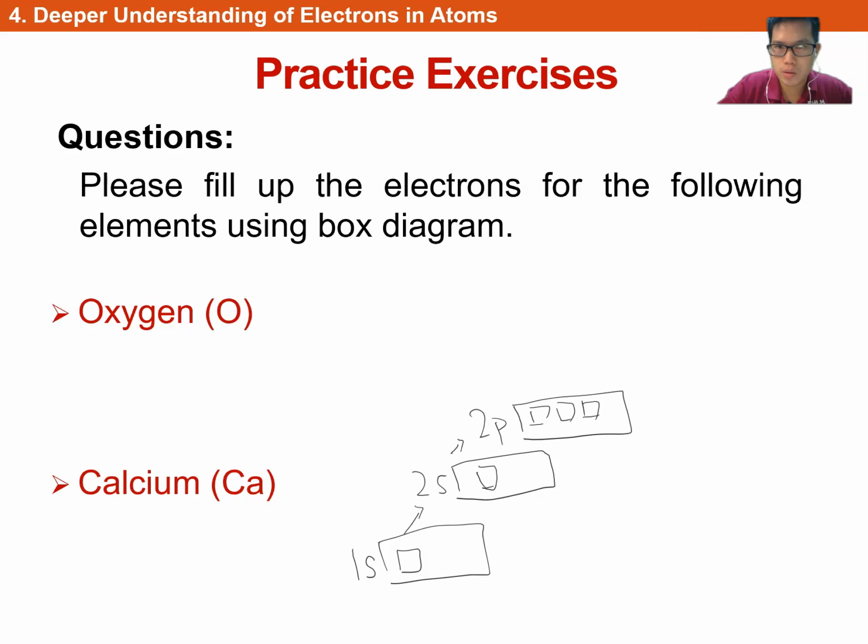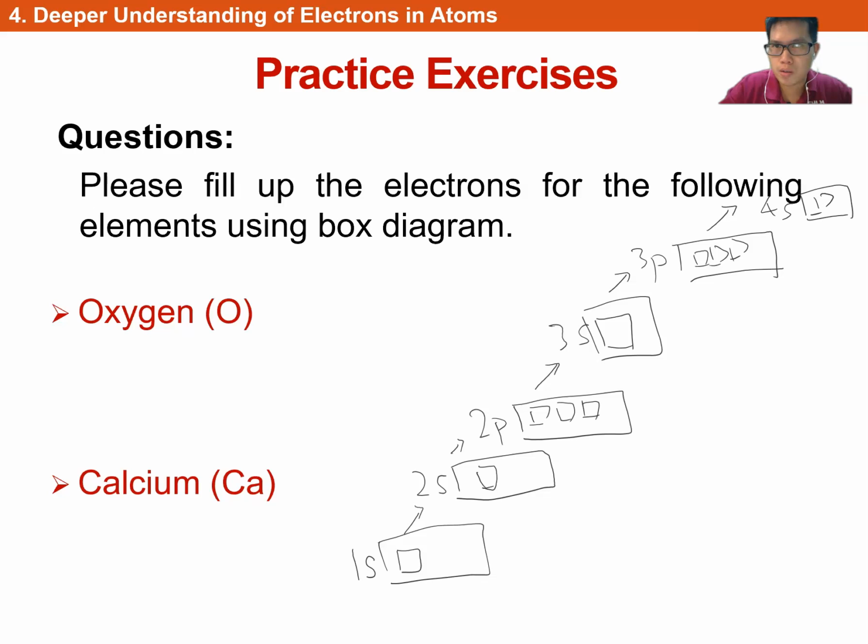Then we have 3s with 1 orbital, 3p with 3 orbitals. Very important, after that you go for 3d, which has 5 orbitals.